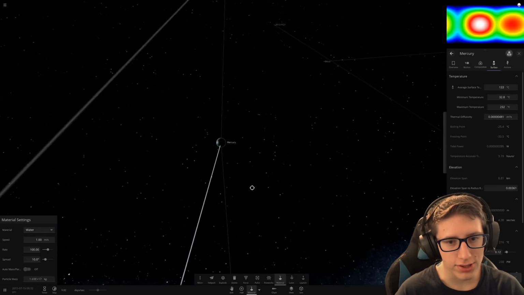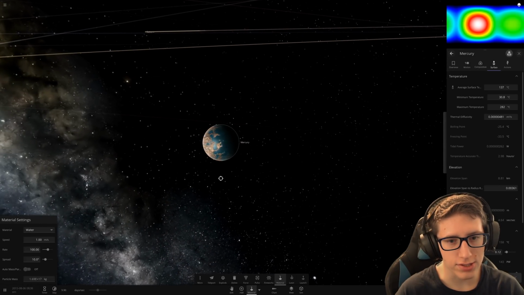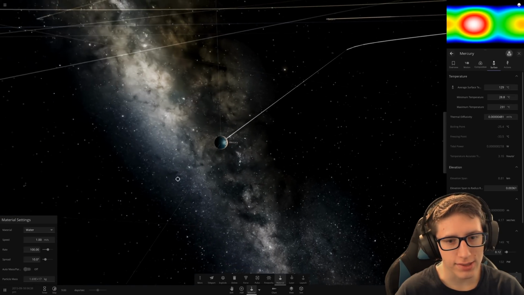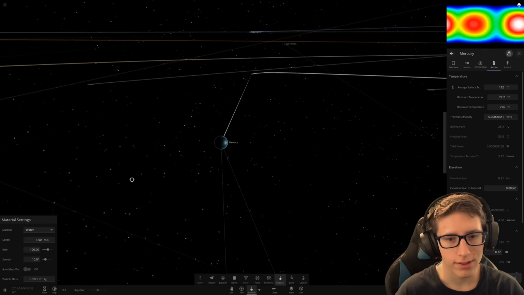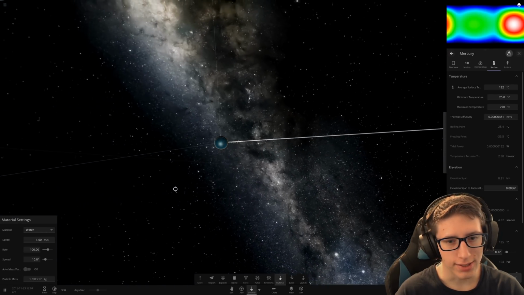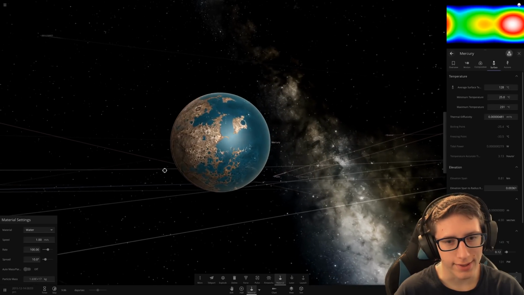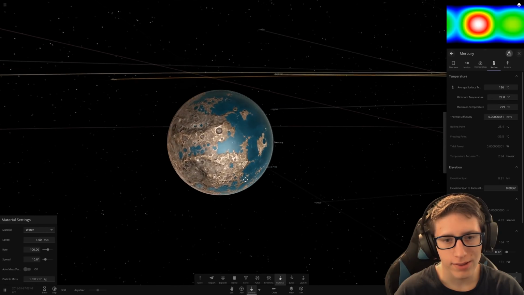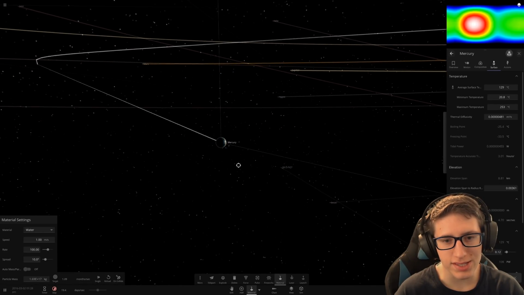But the funny thing is it evaporates way faster when the water is facing the sun. Oh, that's neat. Big fan of that. But wait, it stopped evaporating. What the heck? It was, but now it's not.